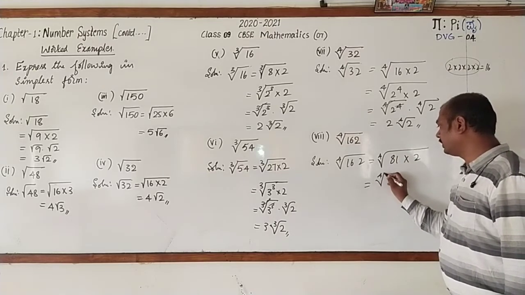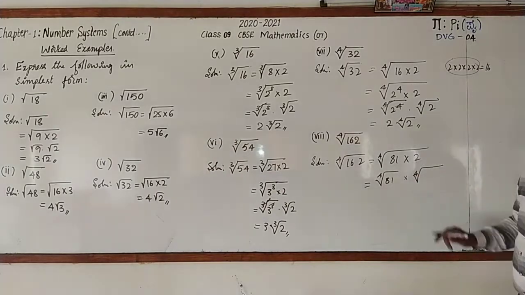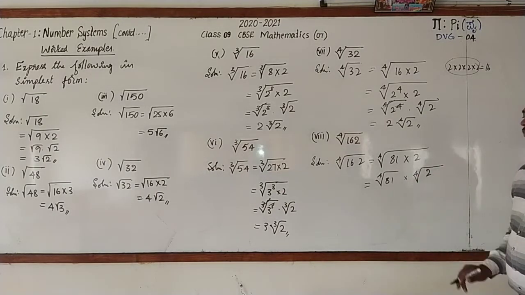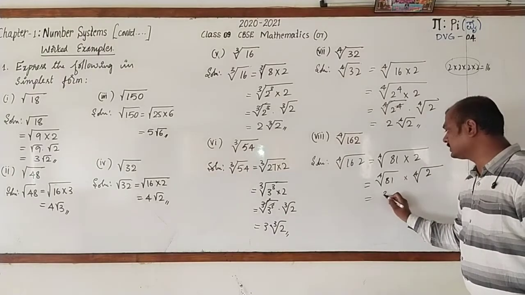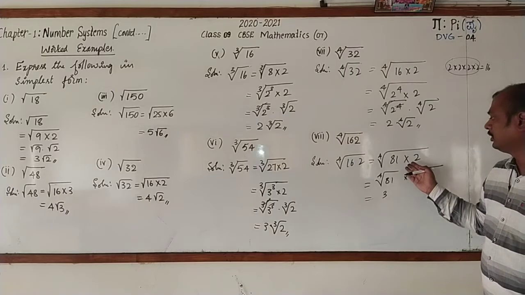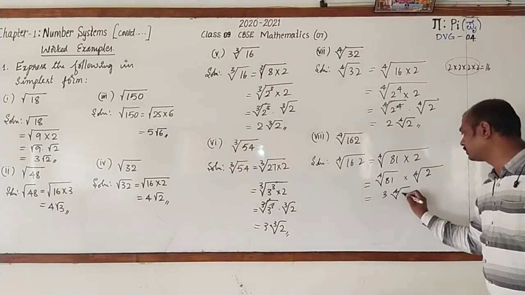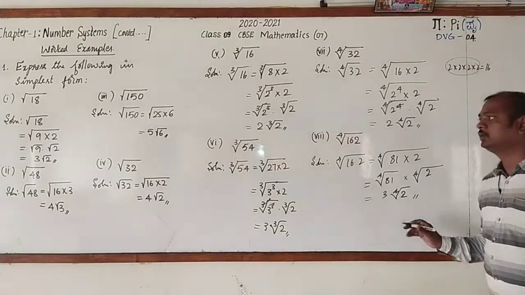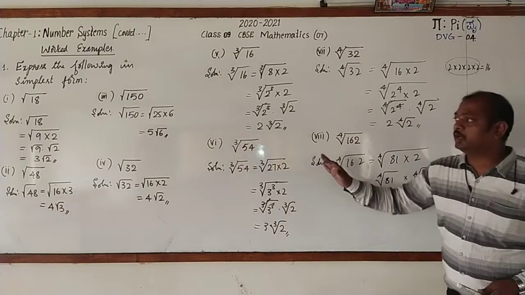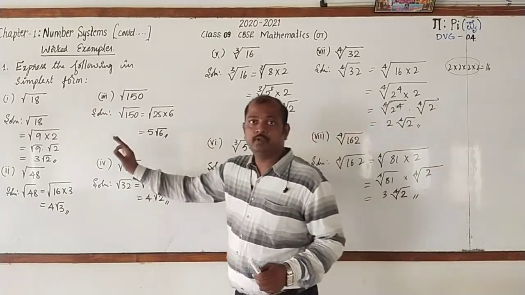Then fourth root of 81 into fourth root of 2. Fourth root of 81 is, directly you can write 3, or 3 raised to the power 4. Power and 4th root get cancelled. 3 into 4th root of 2. This is the way you have to solve. Clear? So without fail you have to practice.